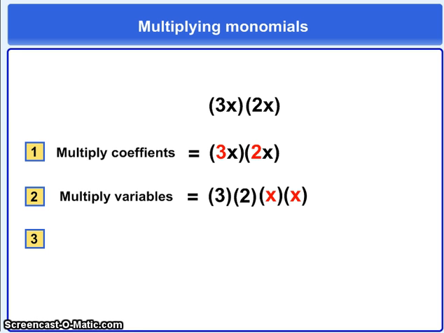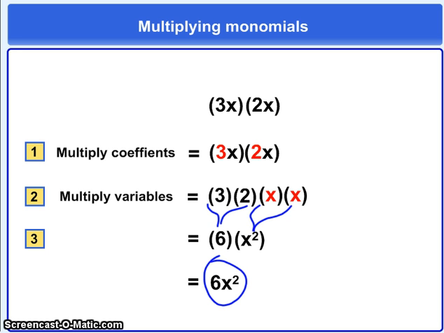And in this case, they are both x's, so x times x. And then we're going to write both of those answers next to each other. So our 3 times 2 gives us a 6, and our x times x gives an x squared. Therefore, 3x times 2x, 6x squared.